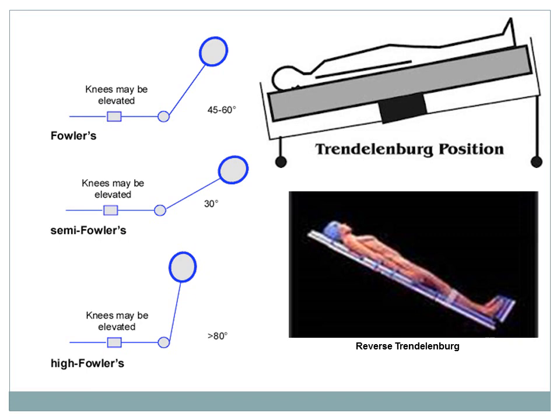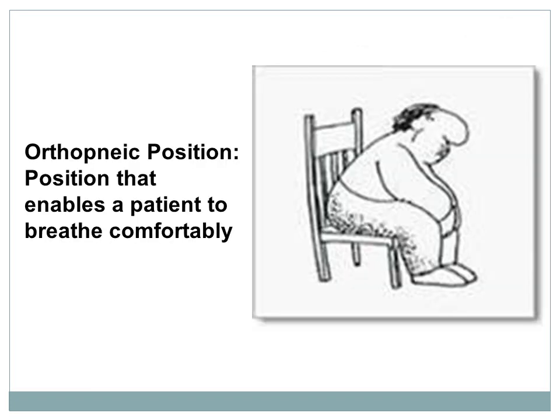And also if a client is having problems with very low blood pressures, we'll put them in the Trendelenburg position. And then you have the reverse Trendelenburg position, frequently used in a variety of surgical procedures.